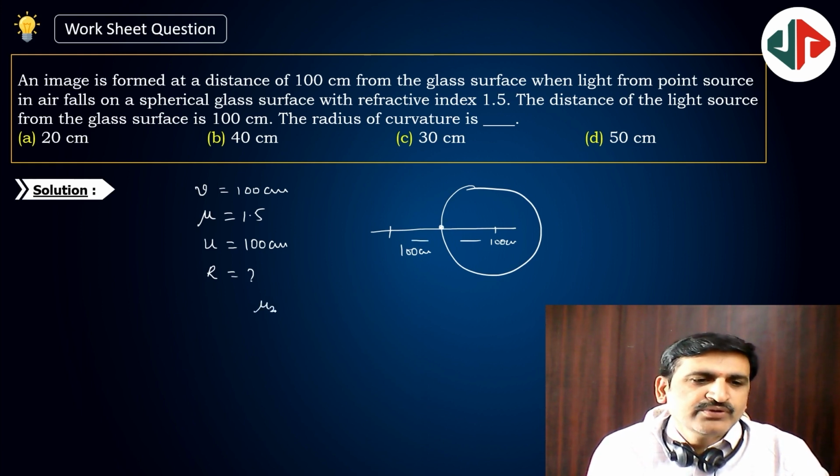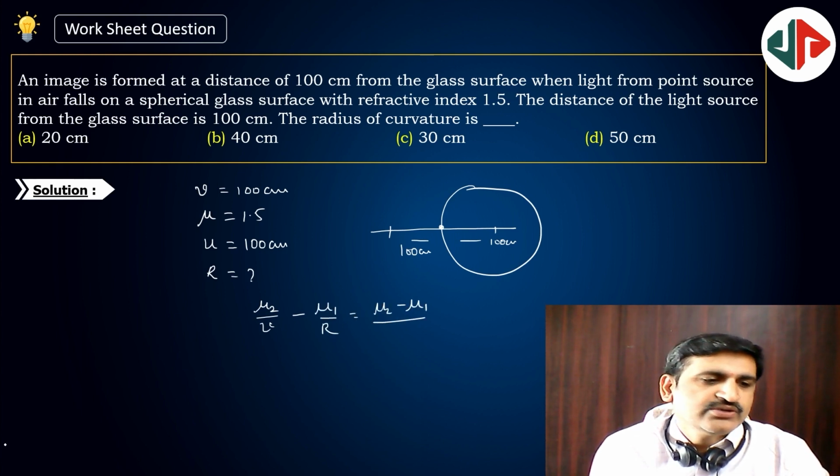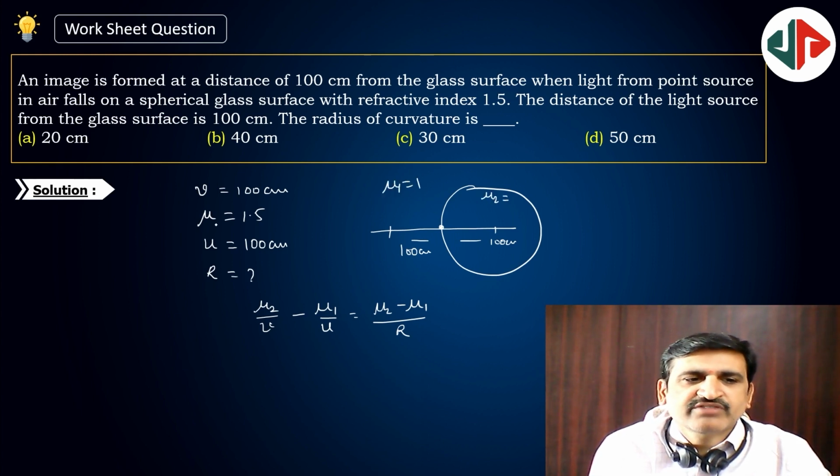So mu2 by v minus mu1 by u is equal to mu2 minus mu1 by r. Mu1 is equal to 1, mu2 is equal to 1.5, he gave.